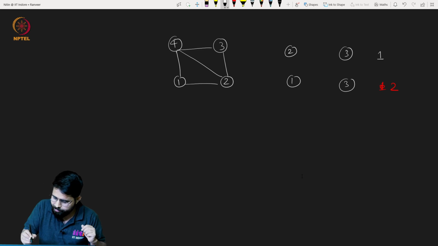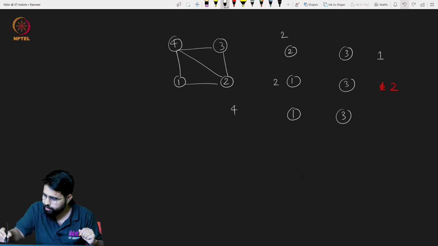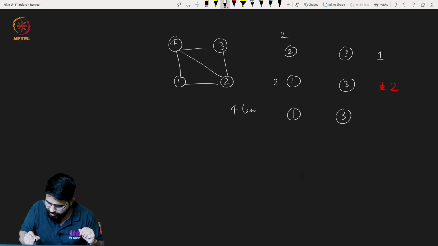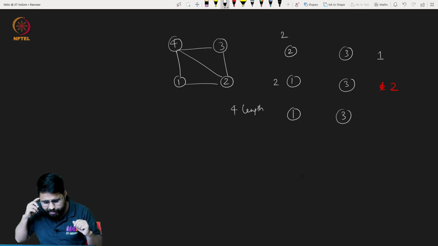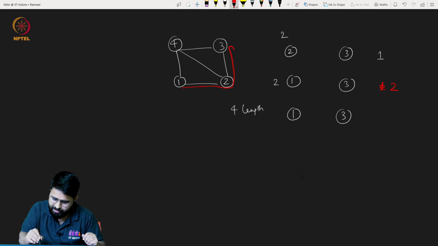So this was about length 2. Suppose I ask the same question between vertex 1 and 3: how many walks of length 4 are there? Let me write pictorially. 1, 2, 3, and again you go to 4.